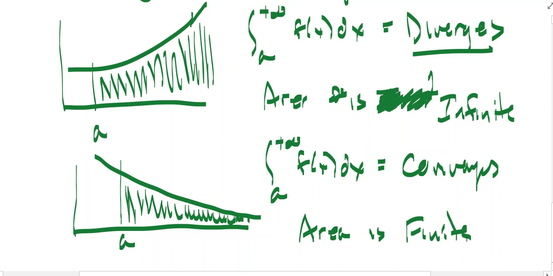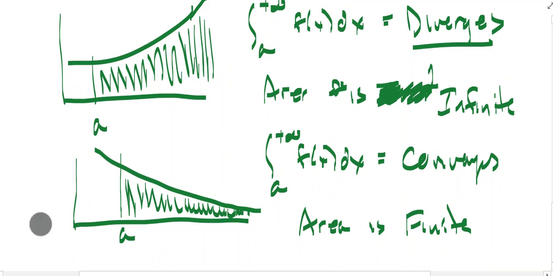One of the things that we want to be able to do working with improper integrals is to determine whether the integral diverges, in other words, it has an infinite area, or it converges, in other words, the area is finite. All right, so let's do a couple of examples of this.